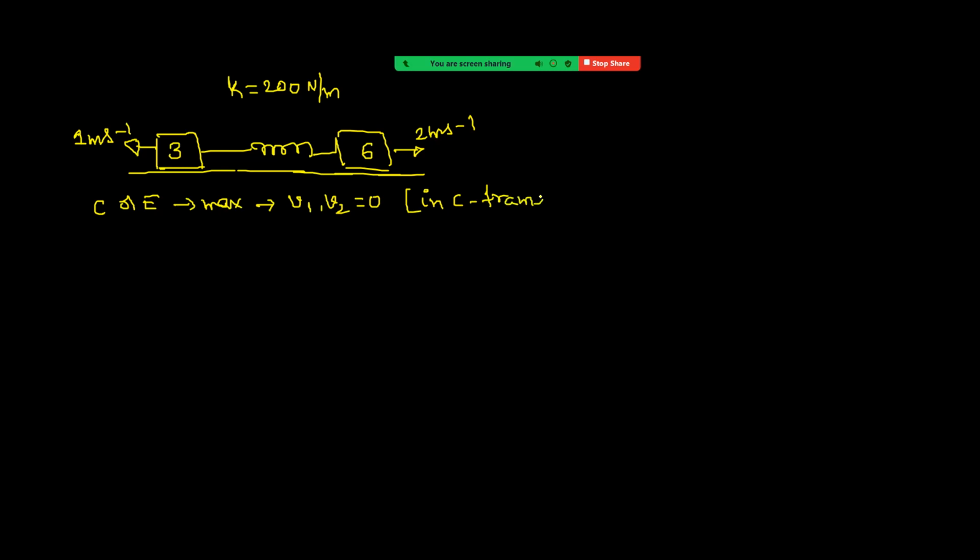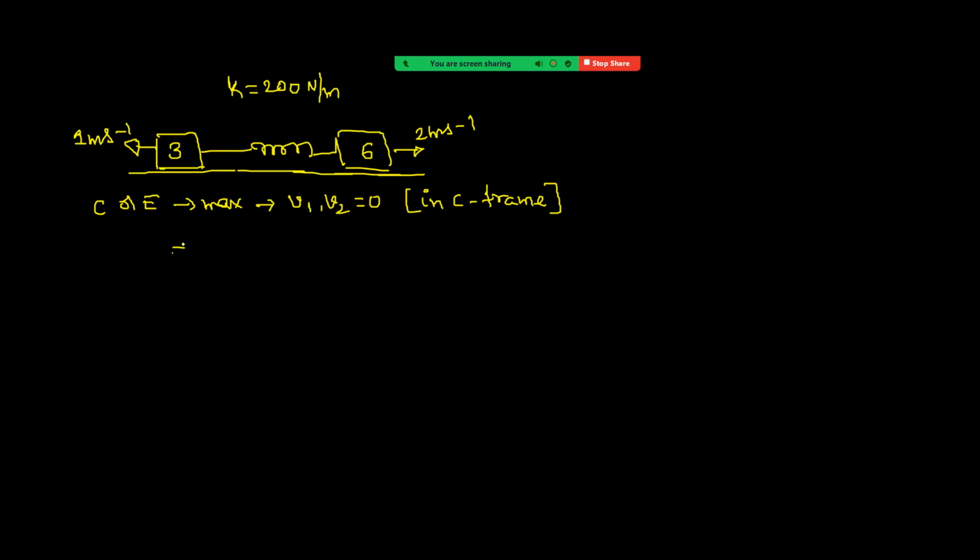Why? Because momentum of the system is always 0. This is clear, right? So elongation becomes a maximum or compression becomes a maximum when they come to rest temporarily, right? That's why in center of mass frame, their velocities are 0.